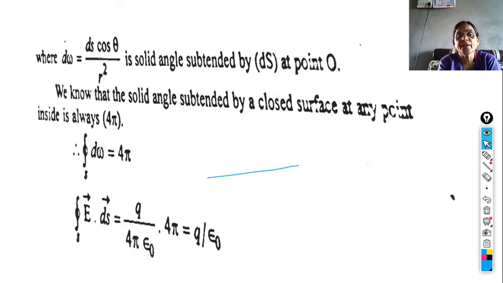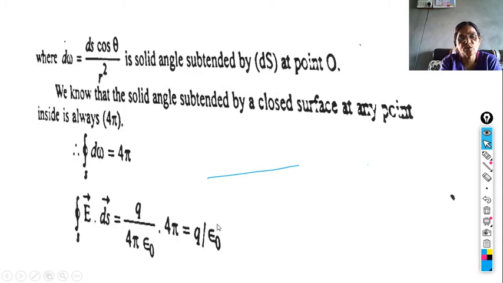Now, the solid angle subtended by a closed surface at any point inside is always equal to 4 pi. Hence, the surface integral d omega is equal to 4 pi. Therefore, the surface integral of E bar dot ds bar, which is the LHS of our equation, is equal to Q upon 4 pi epsilon 0 into that previous integrand, and that integrand is replaced by surface integral d omega, which is equal to 4 pi.